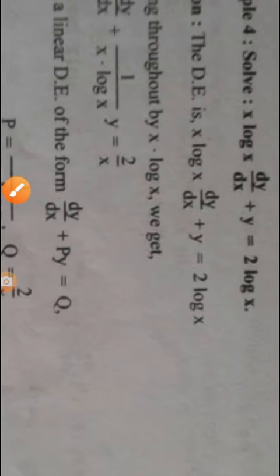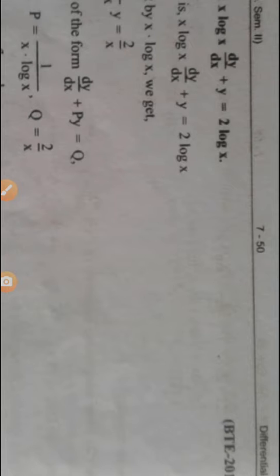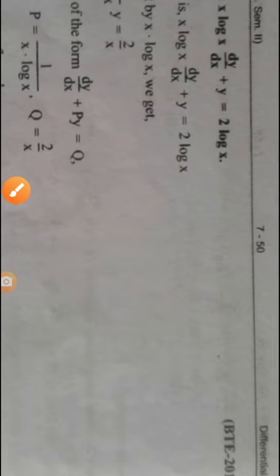On the RHS, 2 log x is present, and we divide by x log x, so log x and log x cancel, and 2 divided by x remains. In this manner the RHS becomes 2 divided by x.